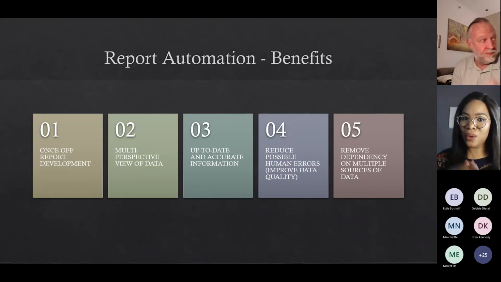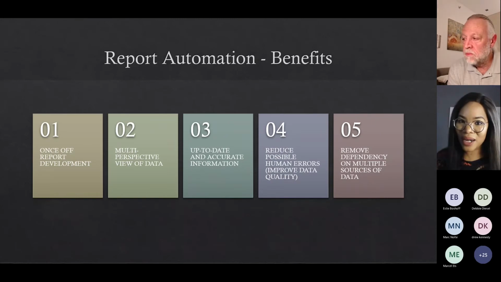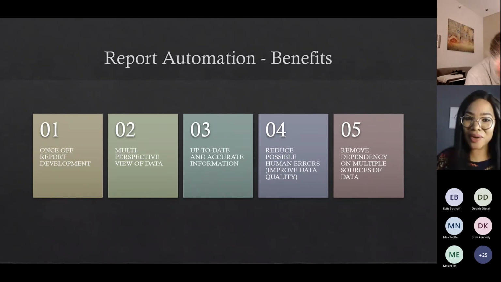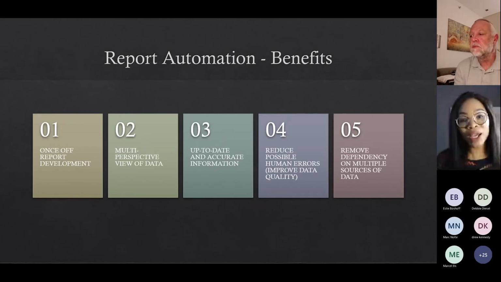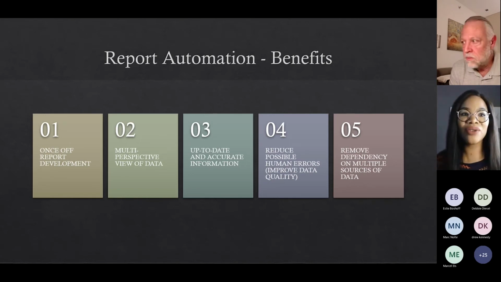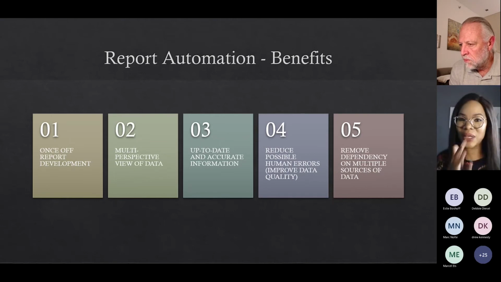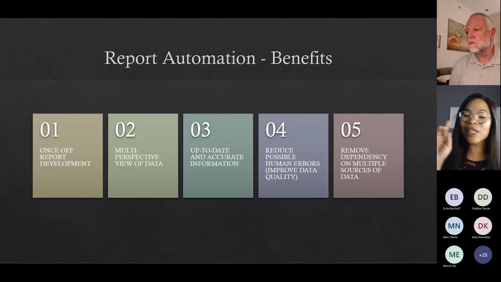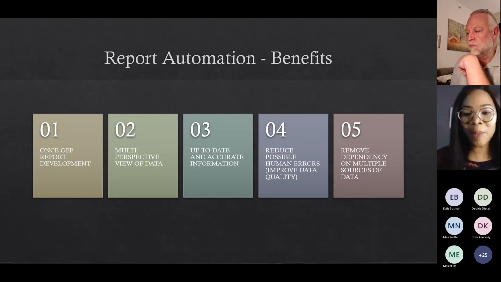And in the process, we have the ETLs running in place, and also the control frameworks and the data quality frameworks that I'm going to take you through later, that will make sure we get the most accurate information to use. So once you get to that point, you don't even have to worry and say, the data that we reported on last month, was it accurate? No, you don't have to, because a lot of work has been done already for you to just click and get the view of what you want to see.